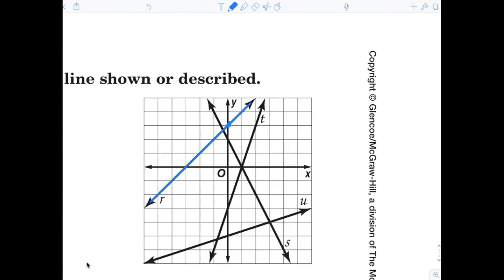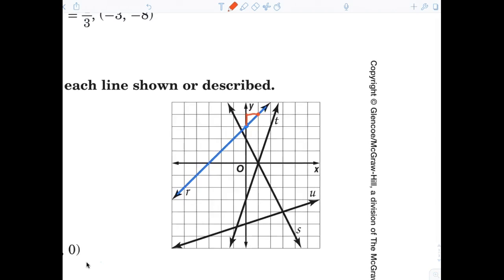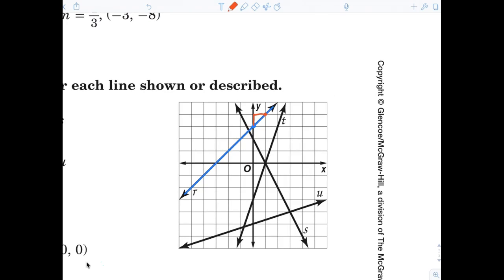Now, the slope, because you're just looking at two points here, up 1, over 1. Two random points, because we said earlier, it doesn't matter what two points you pick. The slope will always be what? The same. Stop and just listen. If you're not sure the slope is 1, let me know.